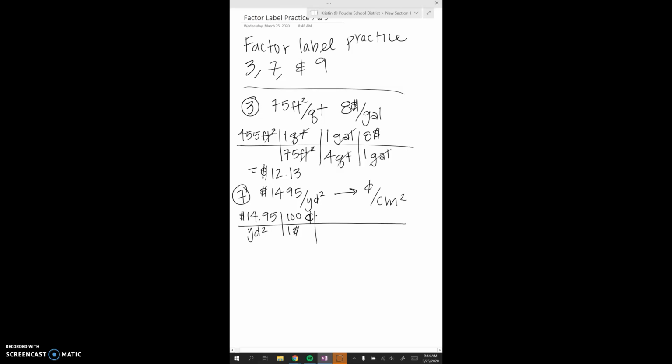So for example, I could say 1 yard squared is equal to 9 feet squared because we know 1 yard equals 3 feet. And so we have to square that whole thing to get the yard squared conversion factor.